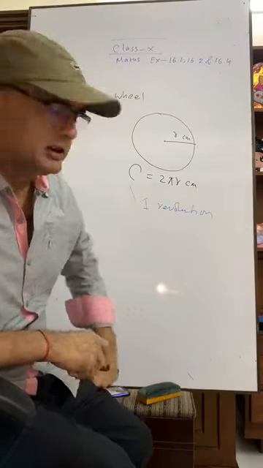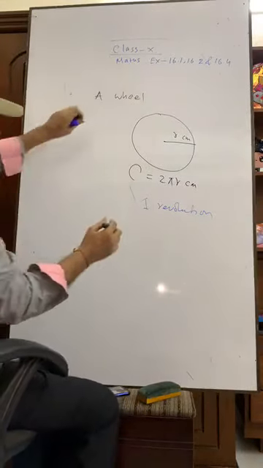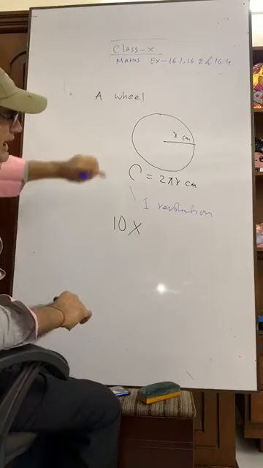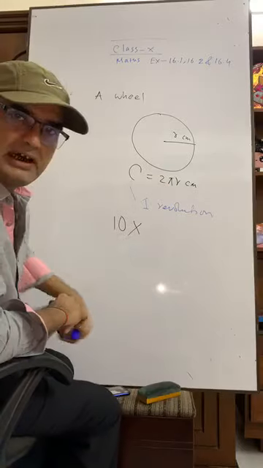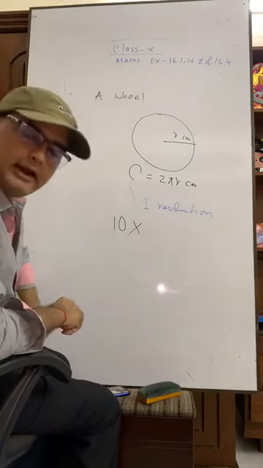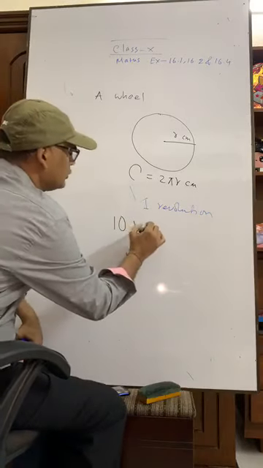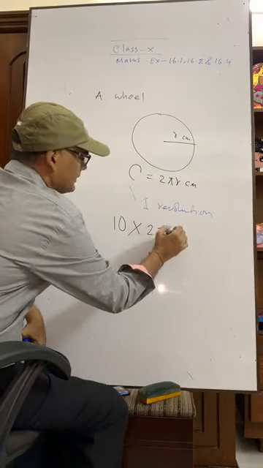Now in the question, it is told that it travels 10 revolutions. 10 revolutions means what? 1 revolution means it travels 2 pi r centimeter. So by 10 revolutions, it travels a distance of 10 into 2 pi r.